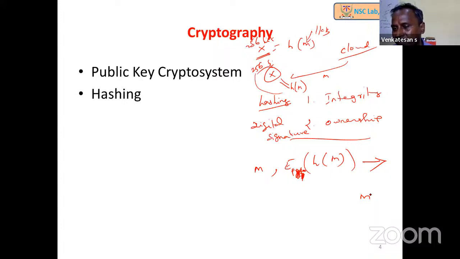Now what the receiving person will do is, after getting the M, he or she also computes the hash of this and then decrypts using the public key of mine, because my public key is already shared with that person.